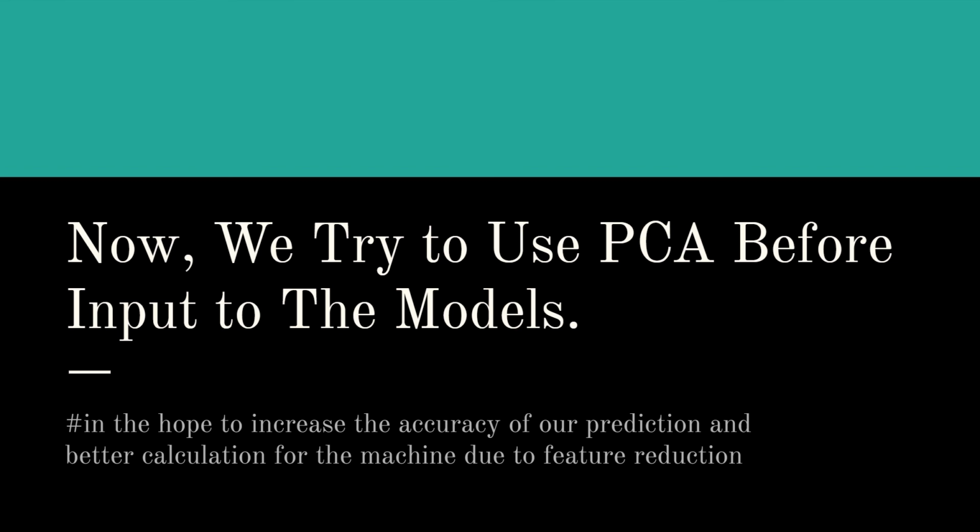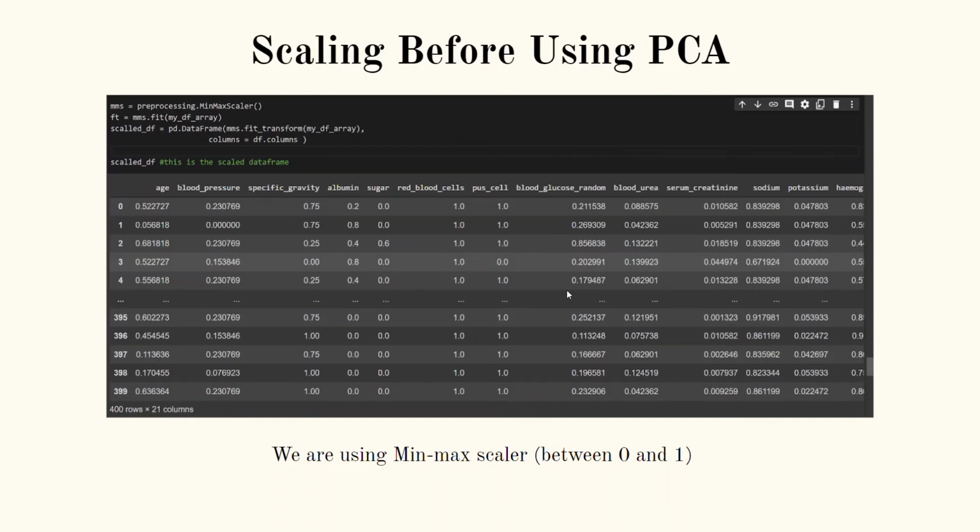So we have to reduce the dimension for the machine to learn much quicker and calculate the result much more accurately. And hopefully, compared to the pre-processing set where they are not using PCA, the accuracy is going to improve a lot. And then jump into the next one.